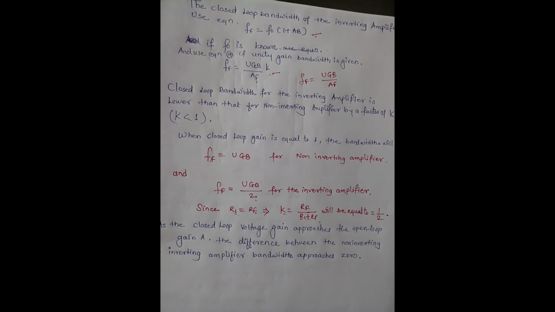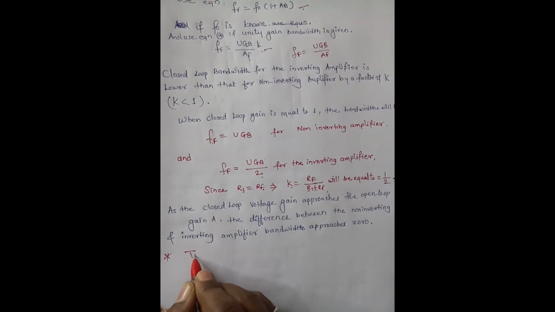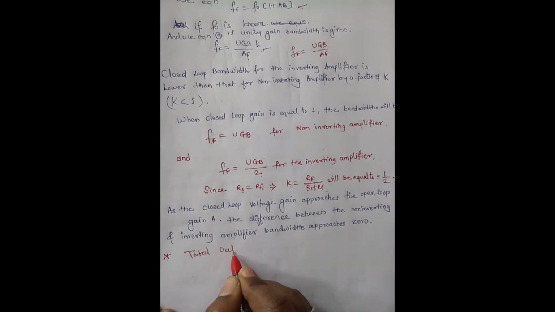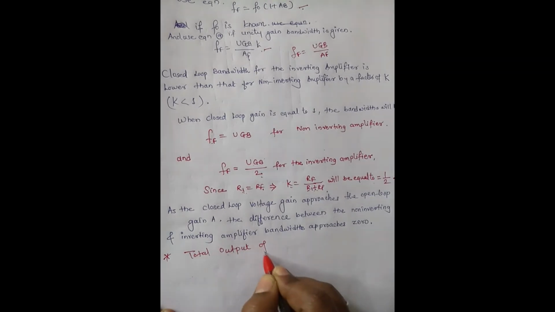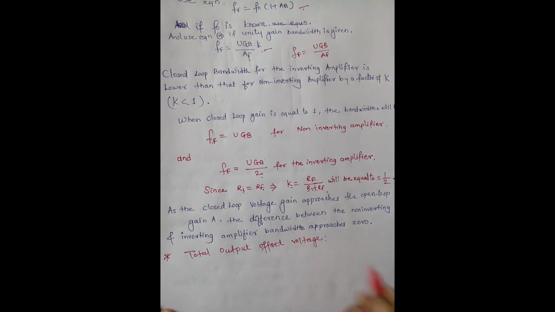And again we are going to find the total output offset voltage. And this voltage for both the inverting as well as non-inverting amplifier will remain the same.